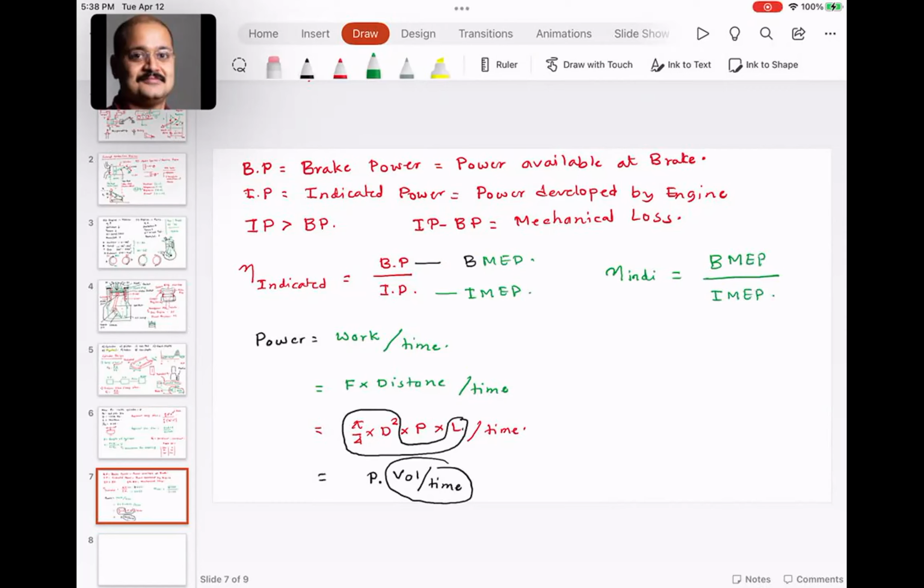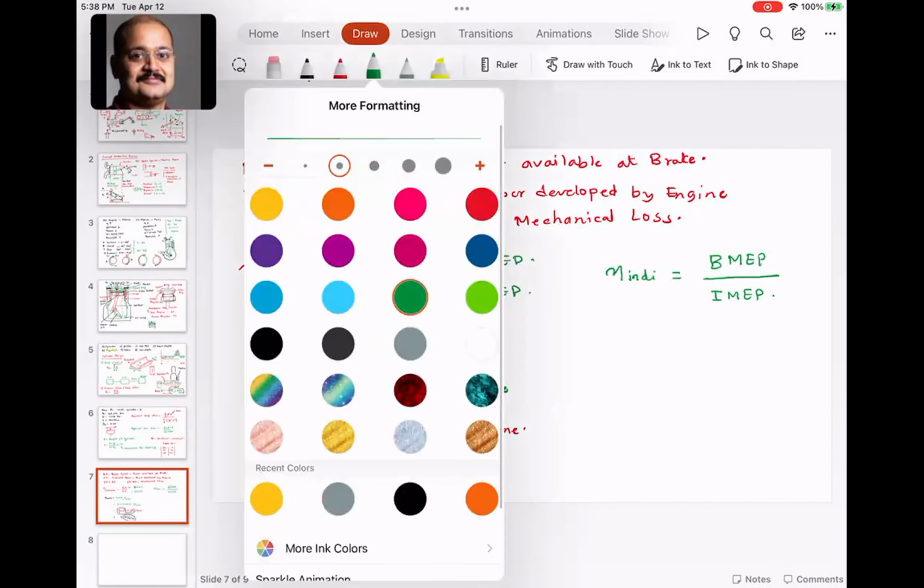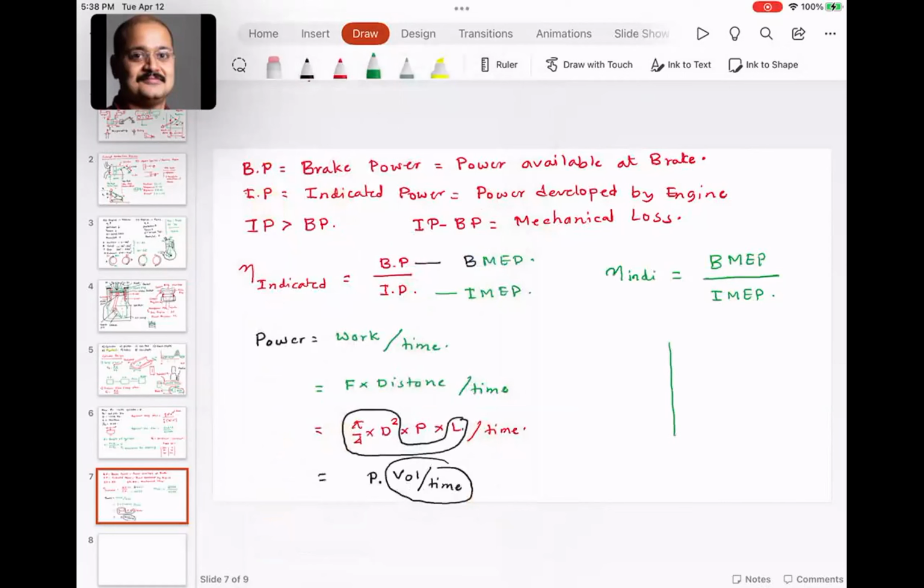Now, one thing I want you to understand. Remember when we ran Lotus engine simulation software, we found out it gave us the plot between the brake mean effective pressure versus speed. Do you agree with me? Because brake power is something we can readily measure.